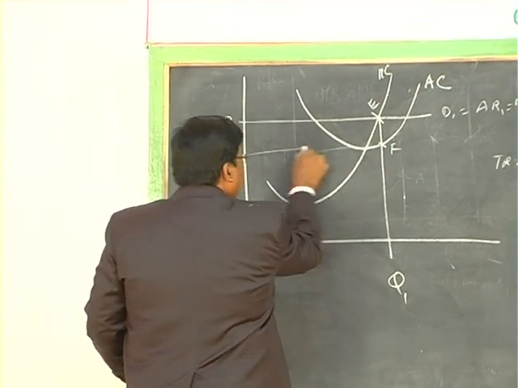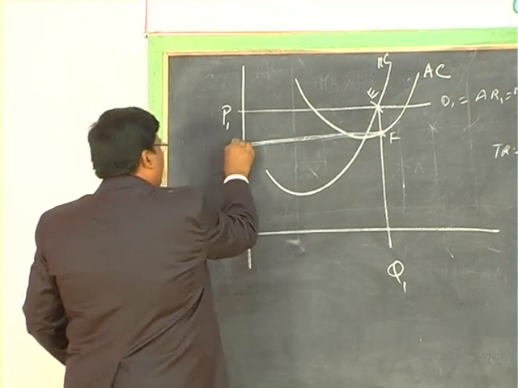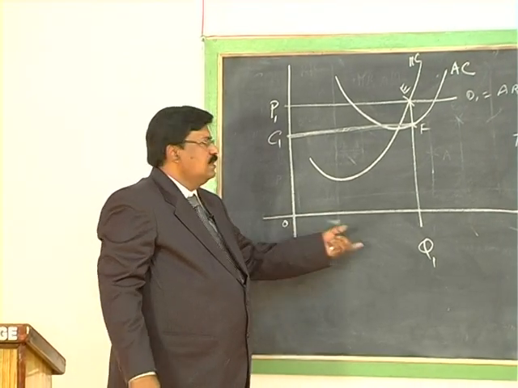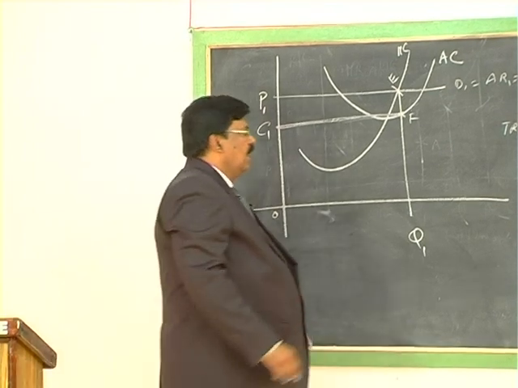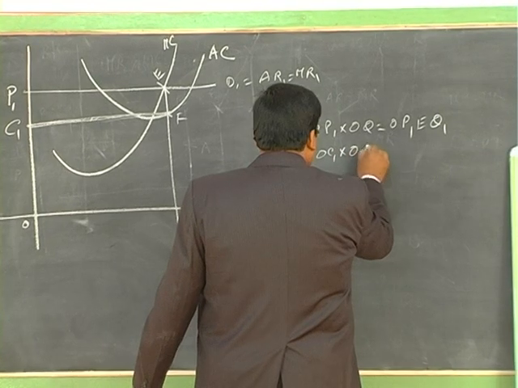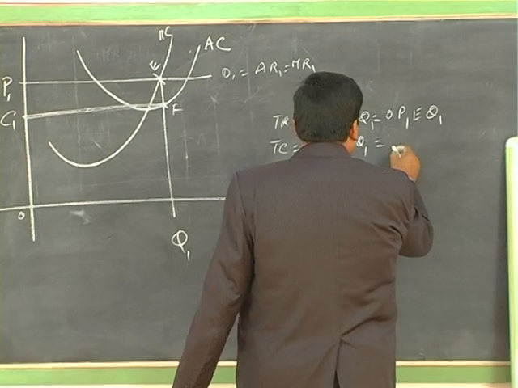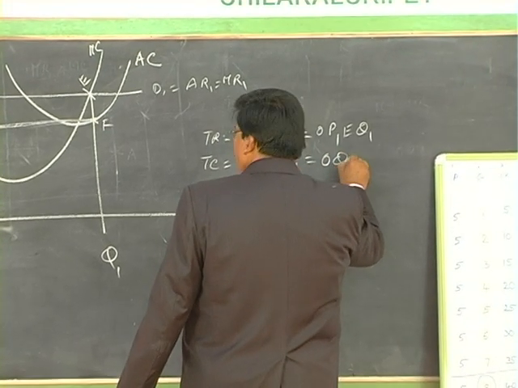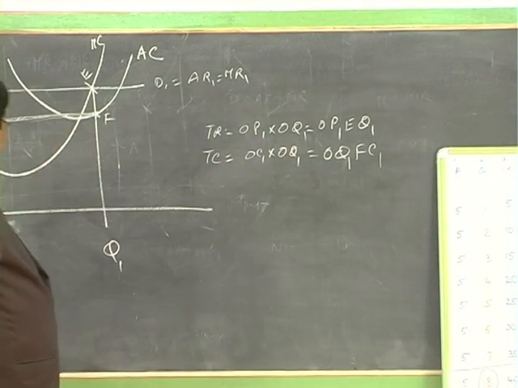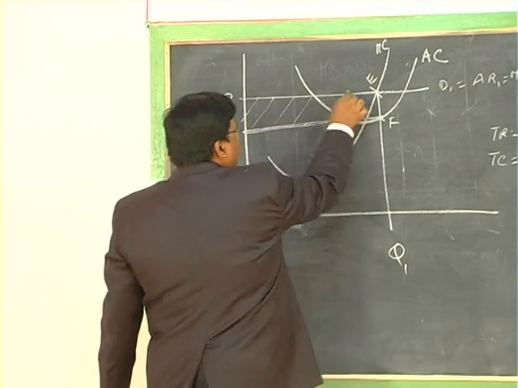Or you draw here OC1. So OQ1 quantity, cost per unit is OC1. So total cost is equal to OC1 into OQ1, that is equal to OQ1 FC1. That means this area is profit.